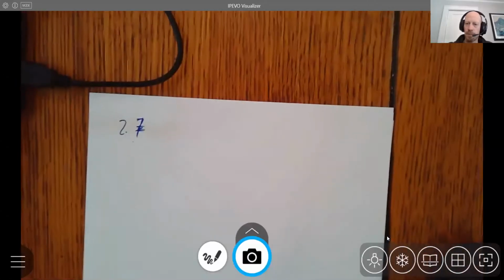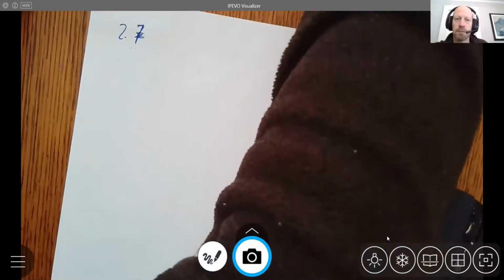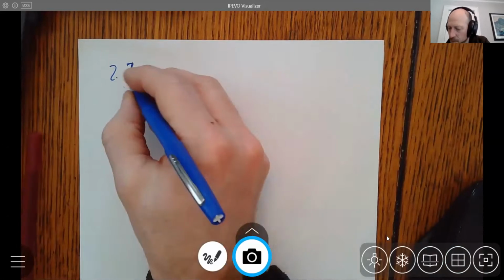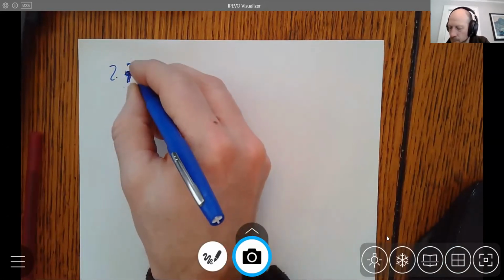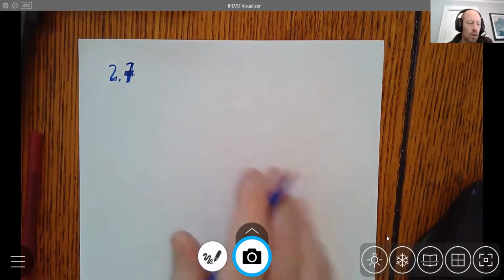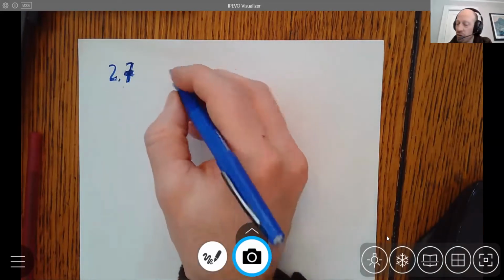So let's take a look here at 2.7. And 2.7 is introducing derivatives.